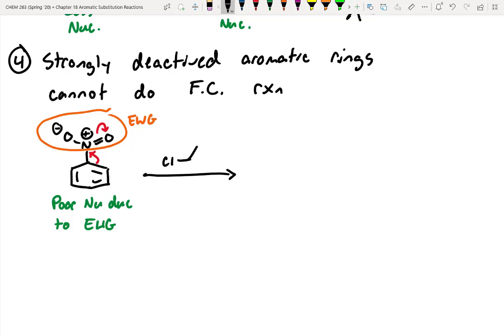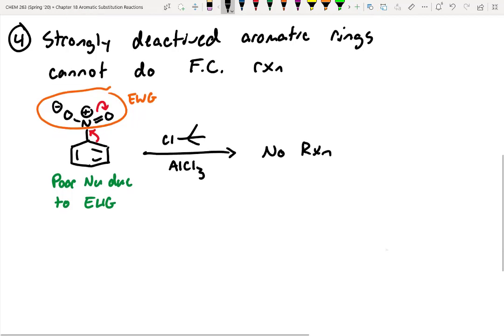So if we were to try to do this same reaction, nothing would happen. So we have to make sure that when we're doing a Friedel-Crafts reaction that we do not have an electron withdrawing group that's really strong off of the aromatic ring. It's okay to have a moderate electron withdrawing group, but you can't have a really strong electron withdrawing group. Again, we'll talk about how to differentiate between those in a subsequent lecture. All right, good luck.